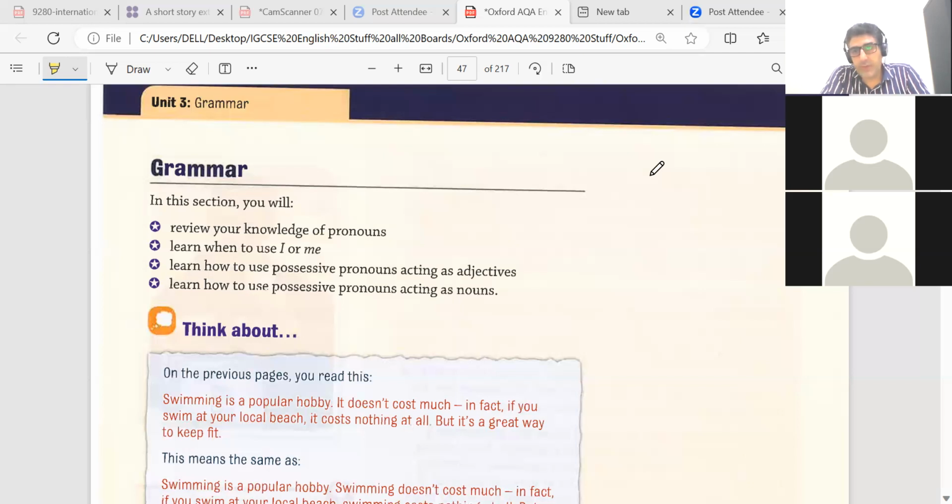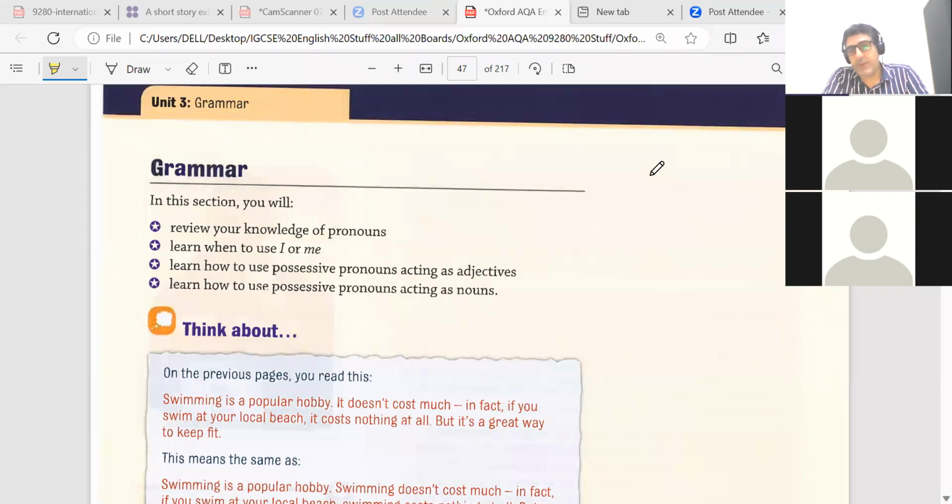We should review pronouns, different types of pronouns, especially personal pronouns, possessive pronouns, adjective pronouns, and relative pronouns. And the last one, how to write an article explaining an activity.